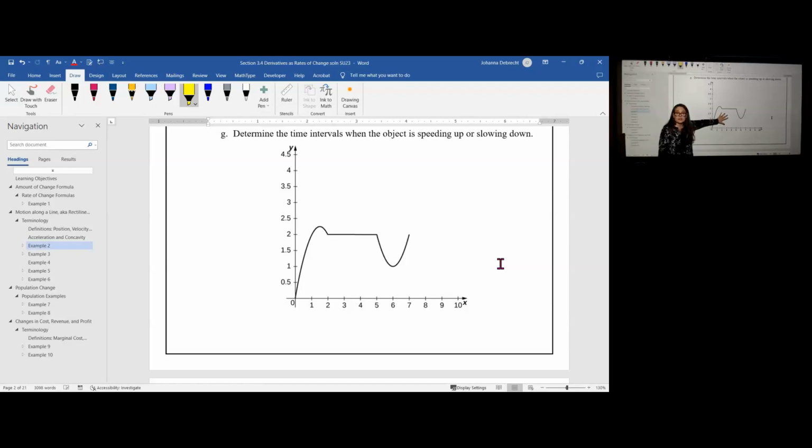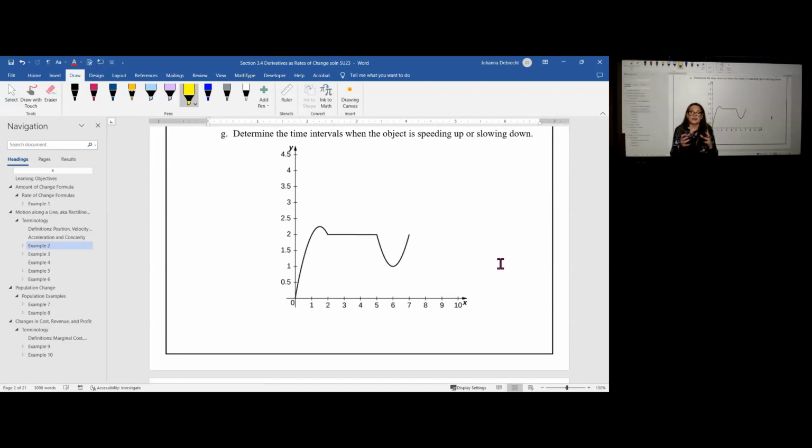This represents position versus time, so this represents velocity being 0. Here, the tangent line is positive up to the maximum, so the velocity is positive, but it's concave down, so the acceleration is negative. Combination of a positive and negative must mean it's slowing down.